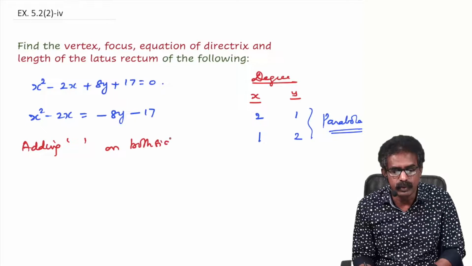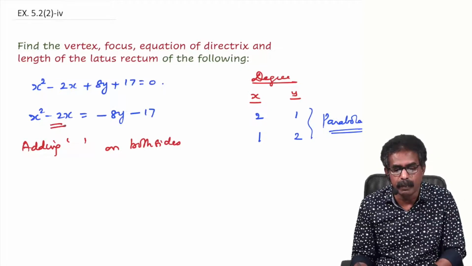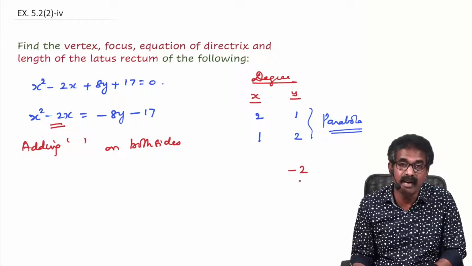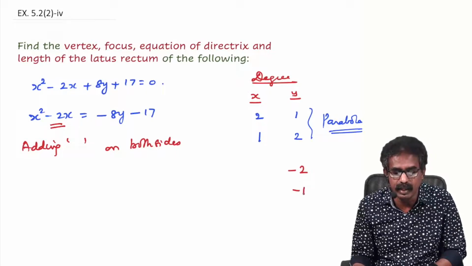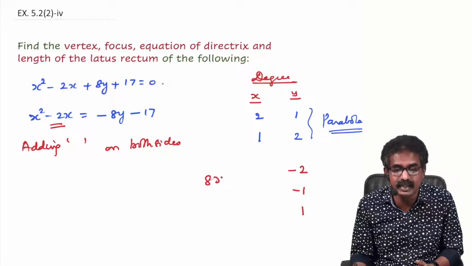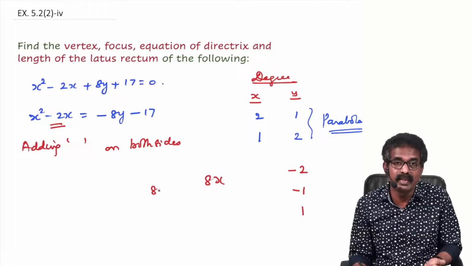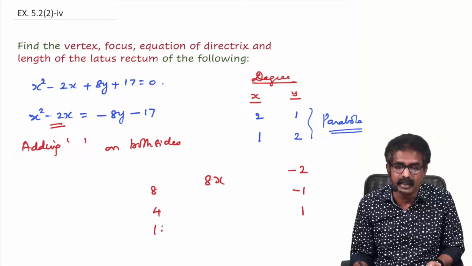How can you find that number? Take the x coefficient. What is the x coefficient? Minus 2. Take half of that, minus 1, and square it. Minus 1 square is 1. Suppose it is 8x, x coefficient 8, half of that 4, square it 16.